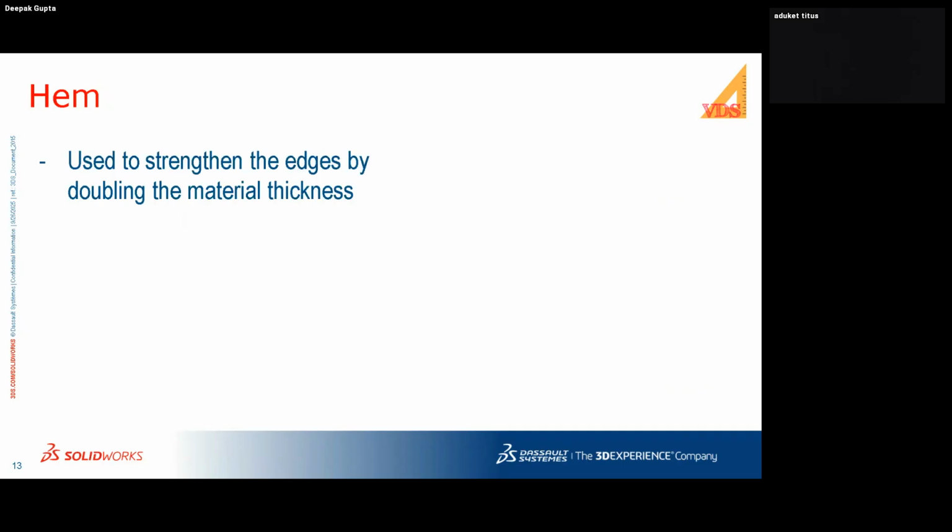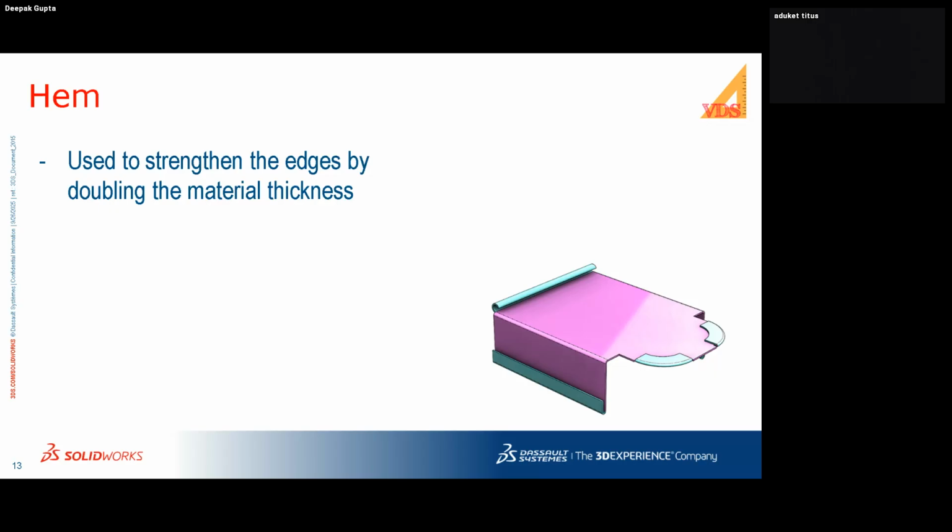Hem. So why do we want to use a hem? Basically, hemming means pressing the sheet metal onto its edge, creating a double thickness over the edge, which helps to strengthen the edge.